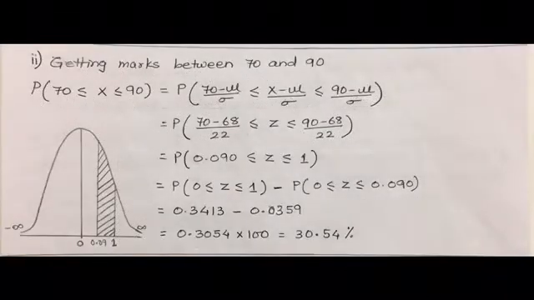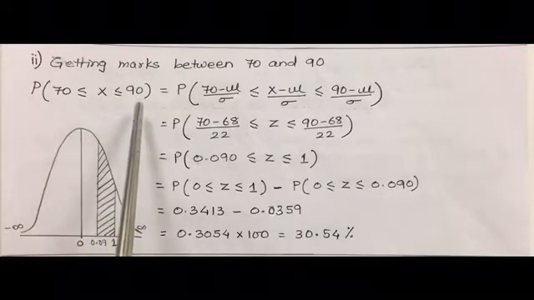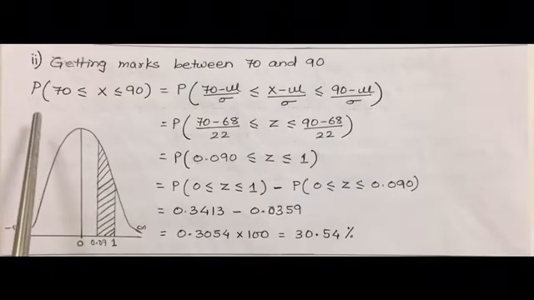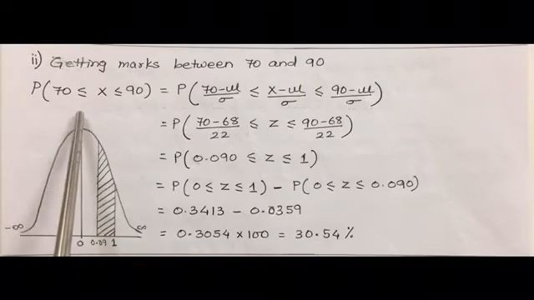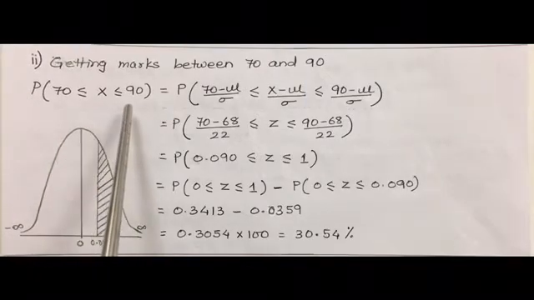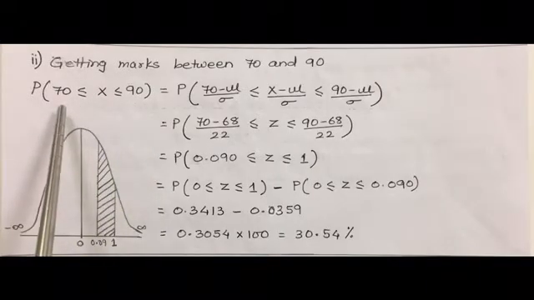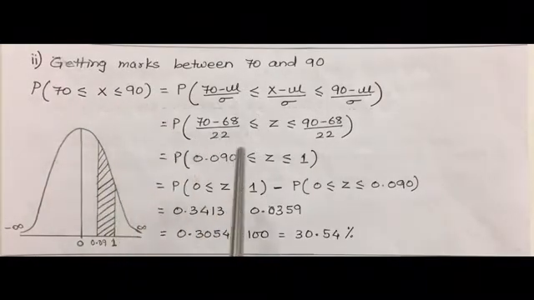Question number 1, second question is, find the percentage of children getting marks between 70 and 90. So here we have written probability, that is P, 70 is less than or equal to X is less than or equal to 90, as the mark scored is between 70 and 90.